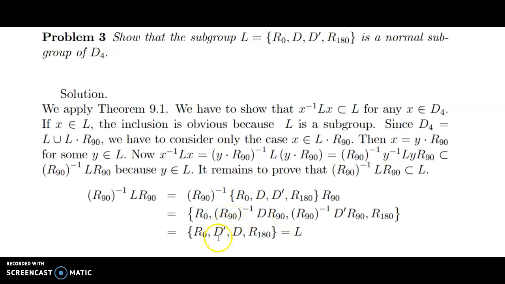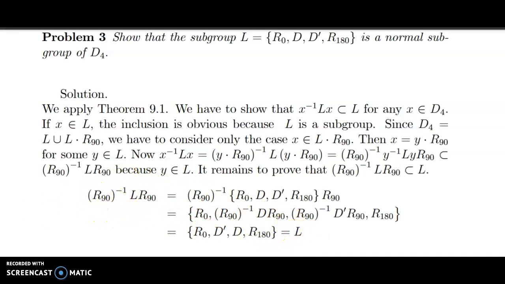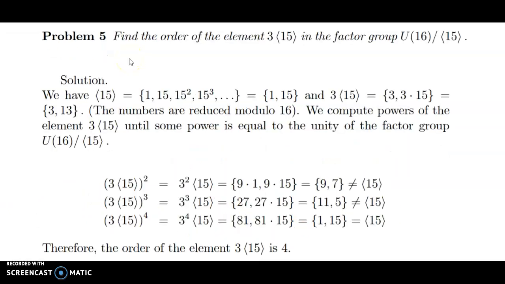You'll see that the result is the transformation D prime. And this product is equal to the transformation D. So this is exactly L. So they are equal. Not only is this a subset of L, but they are equal. And we are done.